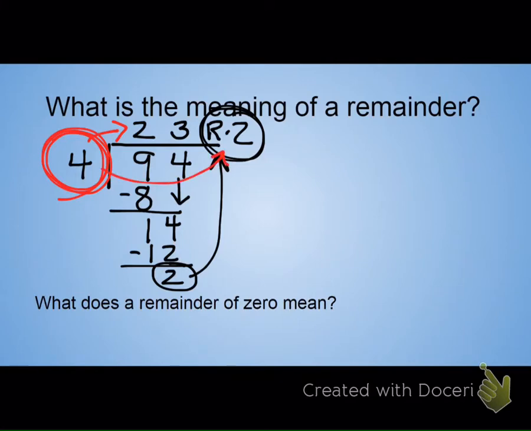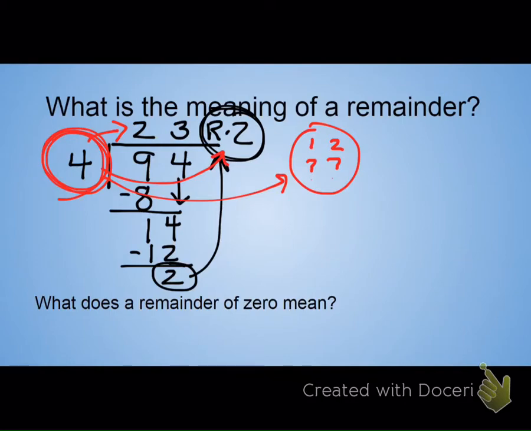If I have 2 left over, 1, 2, that means I do not have enough to fill a group of 4. And that is exactly what I have here. 2 left over, meaning I do not have 4 to complete another group.